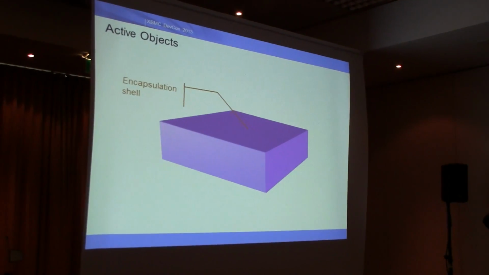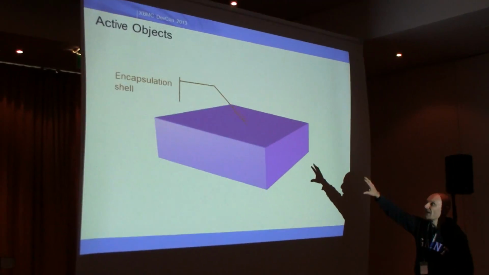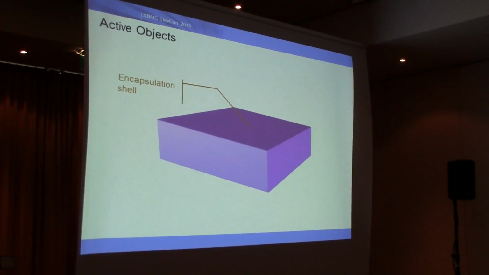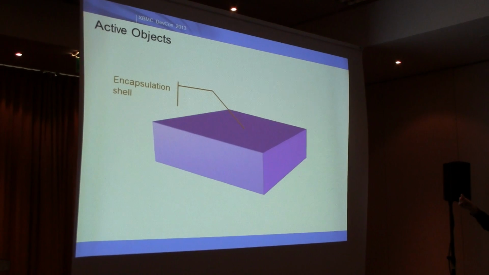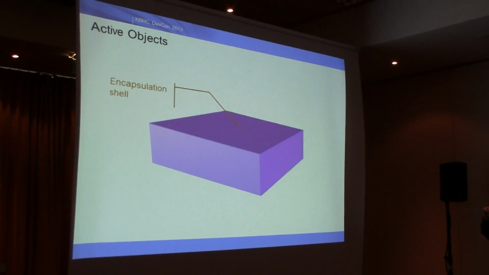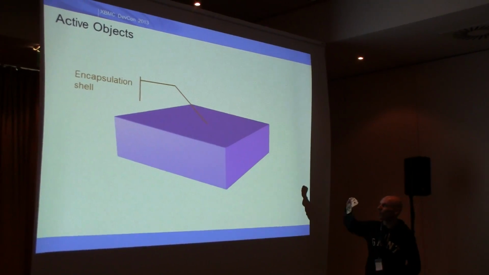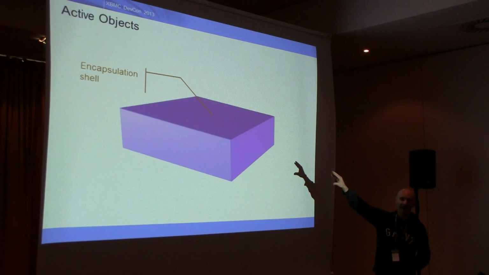The basic building block of an active object is this encapsulation shell. Ideally, this shell blocks the outside view to the inside and vice versa. So there are no public members or public functions the outside world can call on the object.